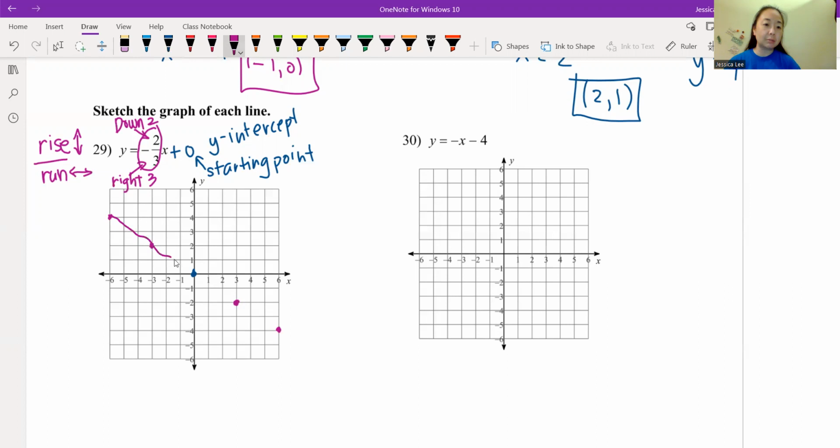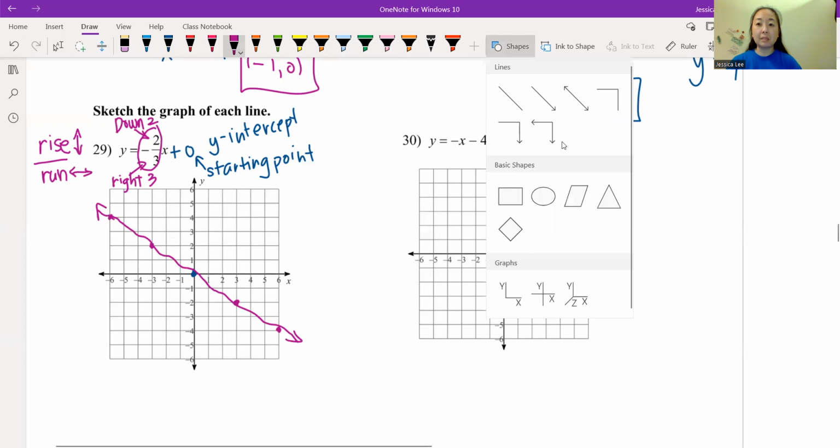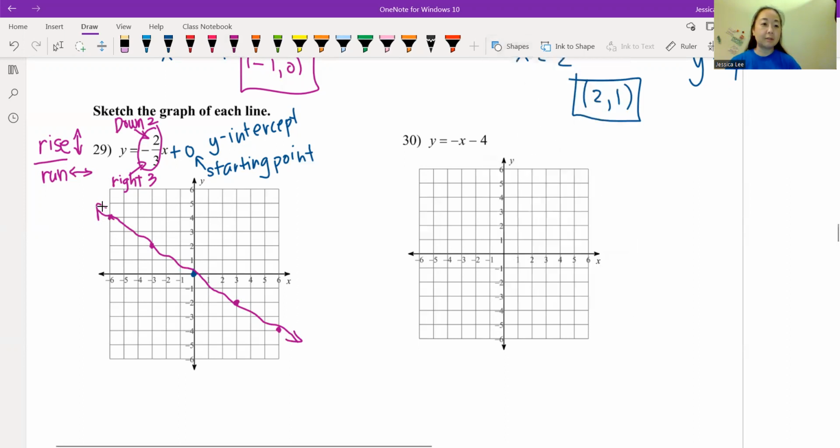Pretend this is straight. Normally you would use a ruler, but I'm on a computer and it doesn't work like that. I wonder if I could do a line tool.